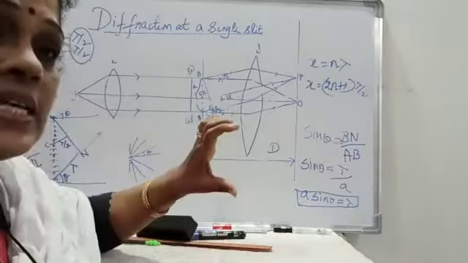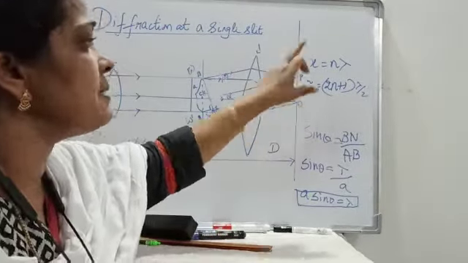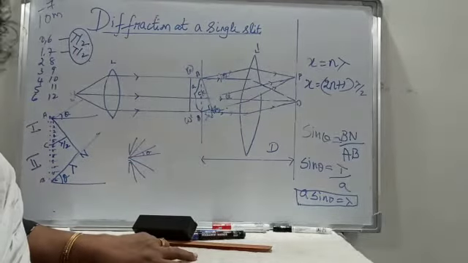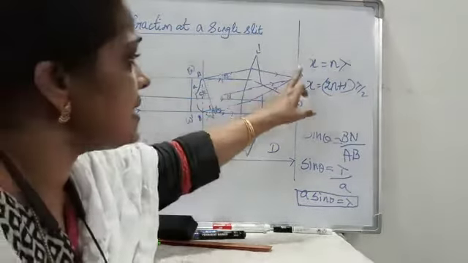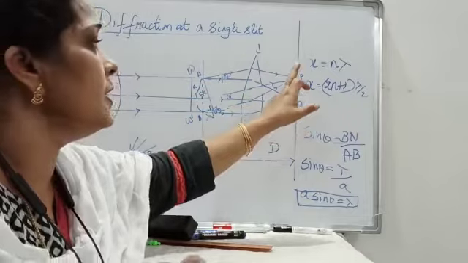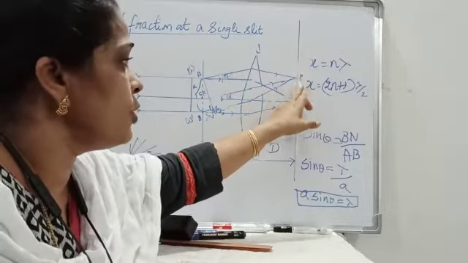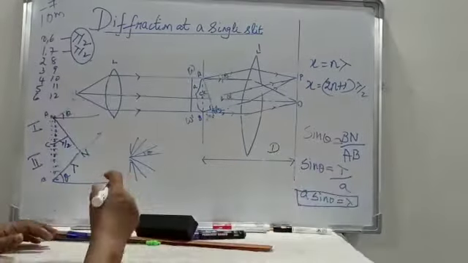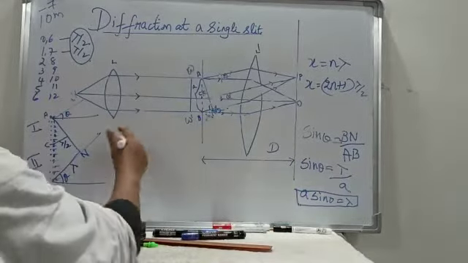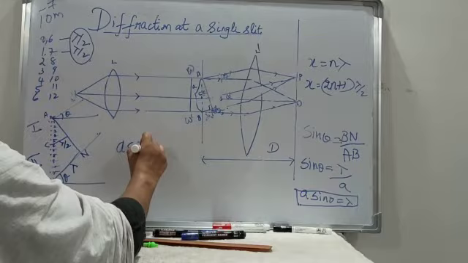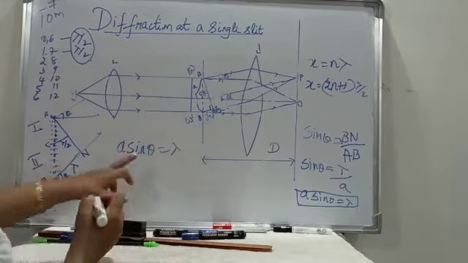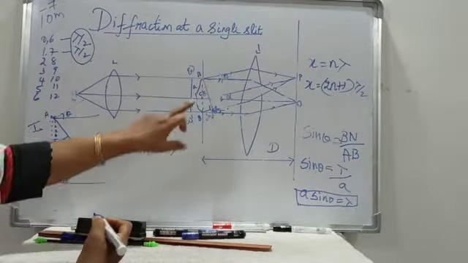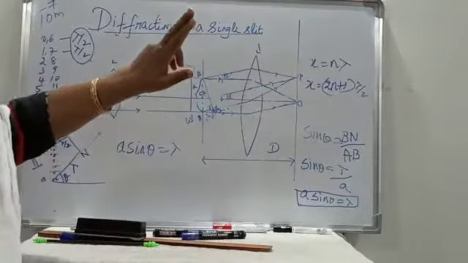And also you can see that a maxima must always be followed by a minima. So what is the condition for the point P to be of minimum intensity? This is the condition. That is, a sin theta must be equal to lambda. This is the condition for the path difference for the first minima.